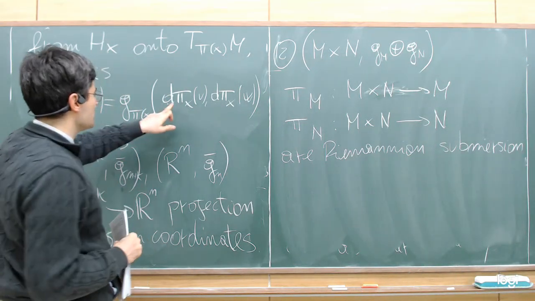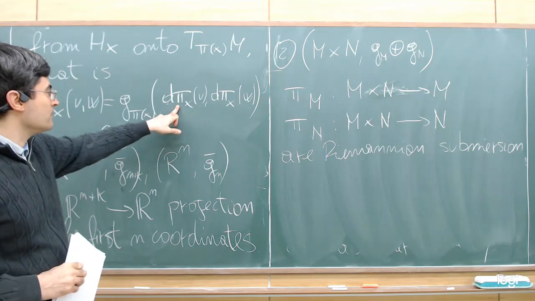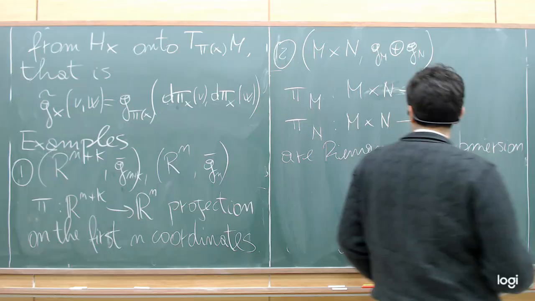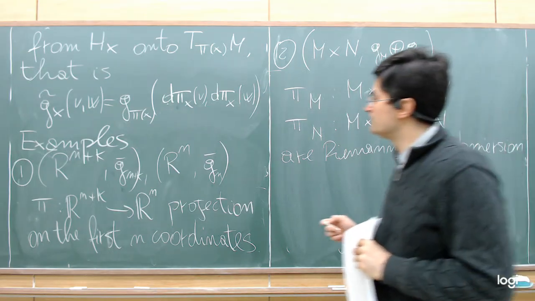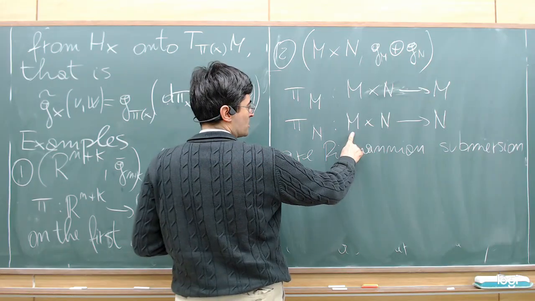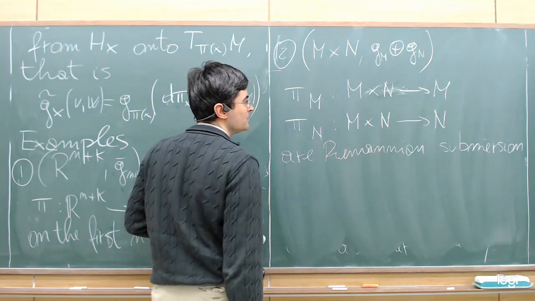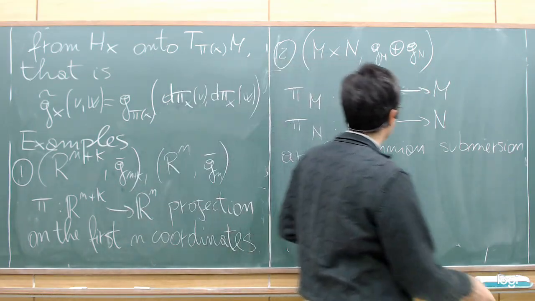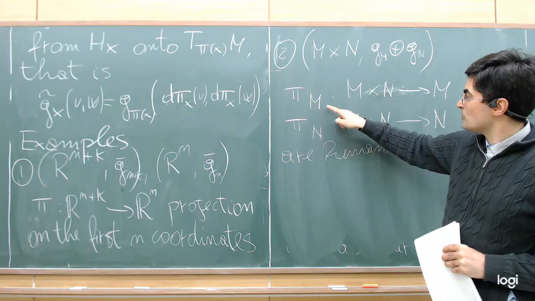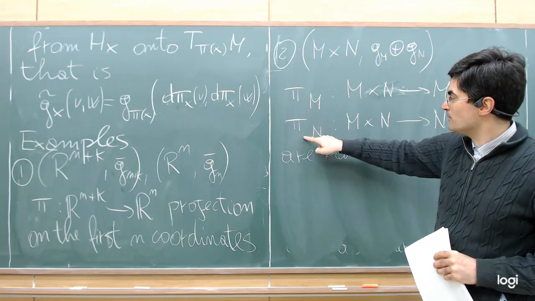Why? Because this map here is just the restriction between the tangent space to this manifold here onto the tangent space to M or N, according to whether you are using this map or this other map.